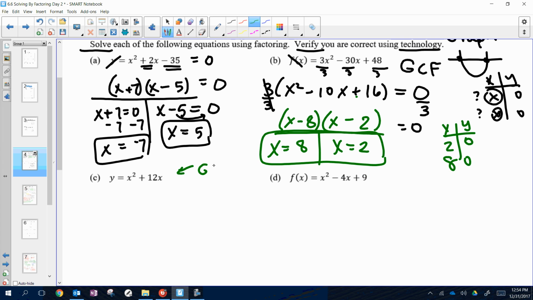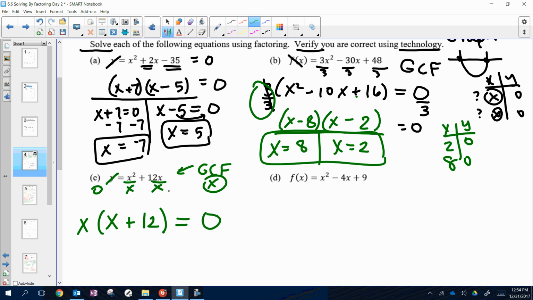This one has a GCF also, but it's only got 2 terms. The GCF is x. Divide by x. Set it equal to 0. So the x comes out front, and unlike the 3 in the previous one, we can't just get rid of it. When you divide out the x, you get x and 12, and then you set each factor equal to 0, you get x equals 0, and subtract 12, you get -12.